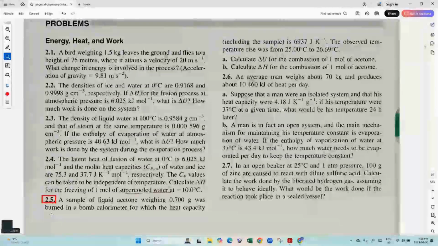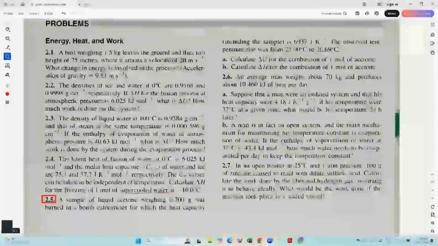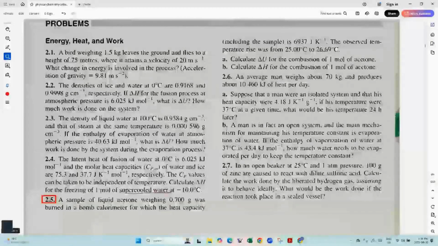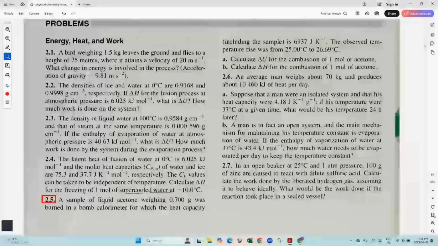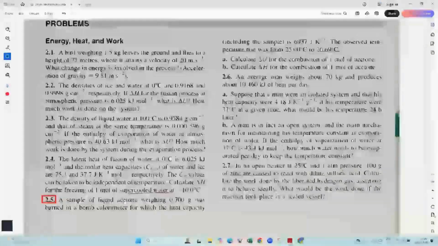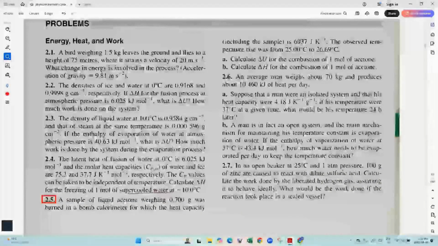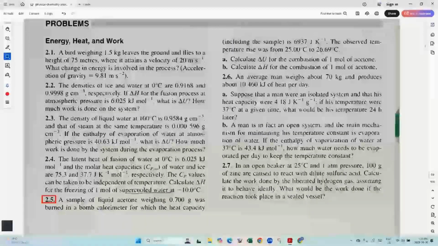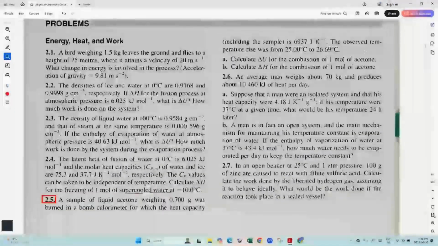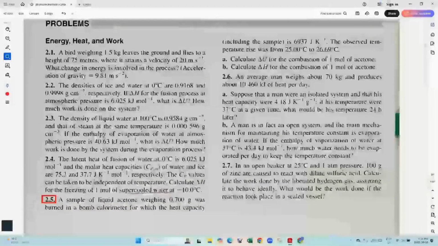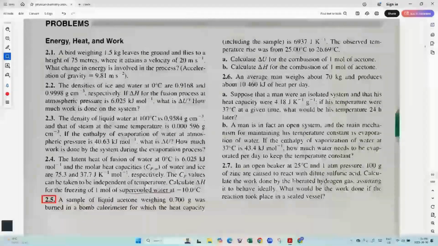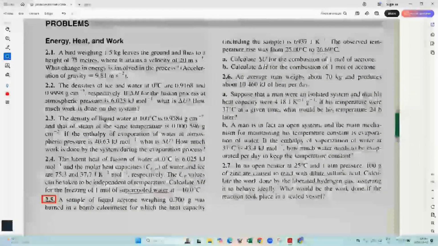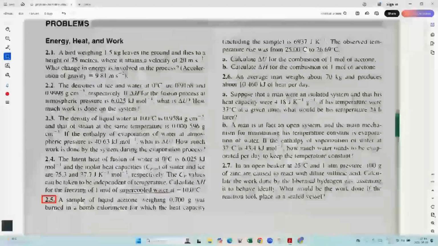Problem 2.5. A sample of liquid acetone weighing 0.7 gram was burned in a bomb calorimeter for which the heat capacity, including the sample, is 6,937 joule per K. The observed temperature rise was from 25 degrees Celsius to 26.69 degrees Celsius.